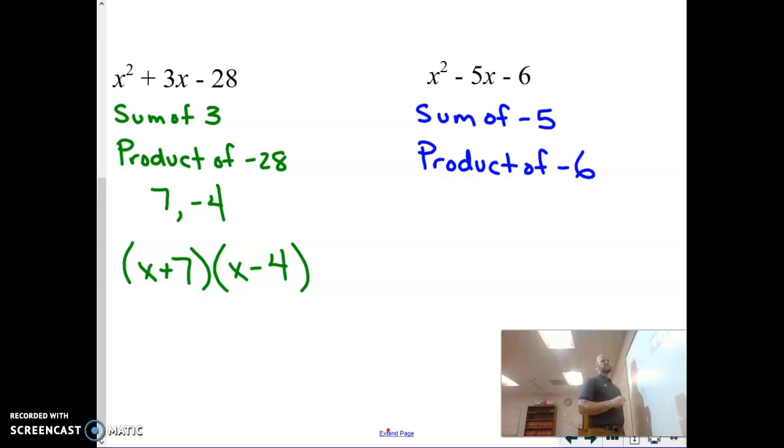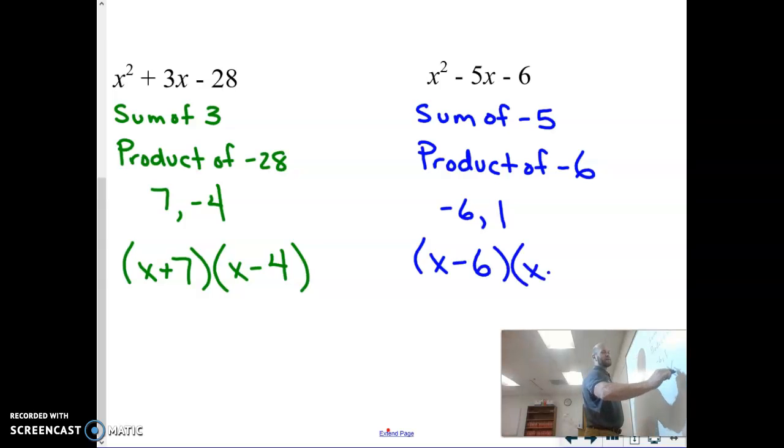So in this case, the two numbers that fit the bill there are negative 6 and positive 1. So the factors for this example would be x minus 6 times x plus 1.